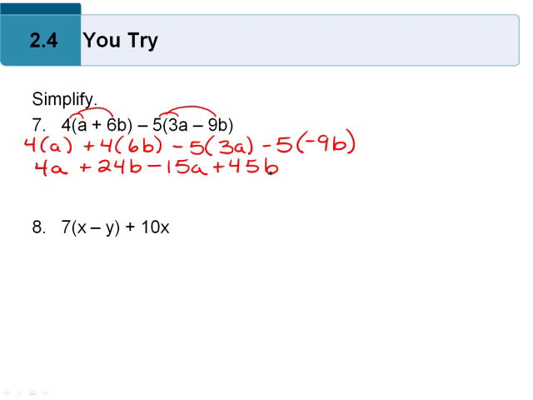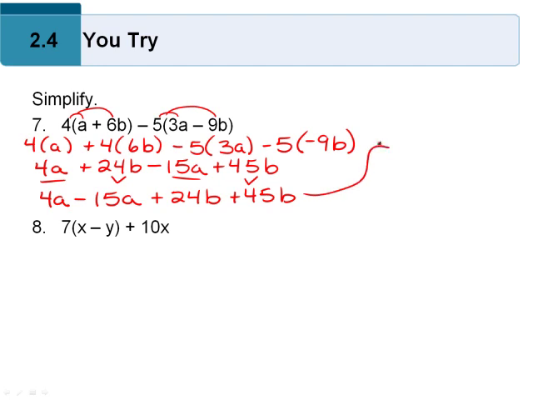And a negative times a negative on the last term is a positive 45B. Okay? So I have like terms with my A's and the B's. Okay? So I want to group those together. 4A, bring down negative 15A. Those are my A's. Then positive 24B and positive 45B.